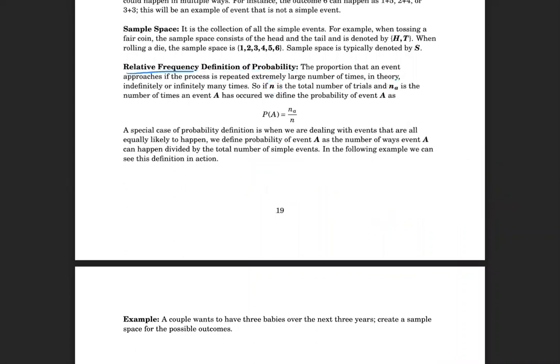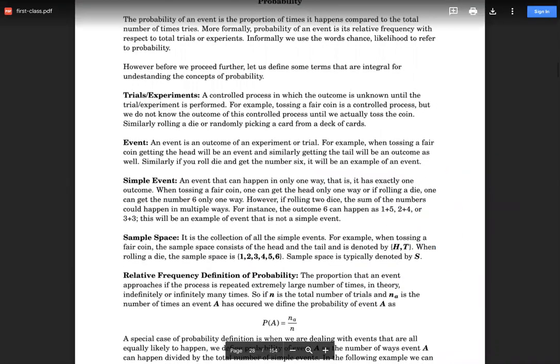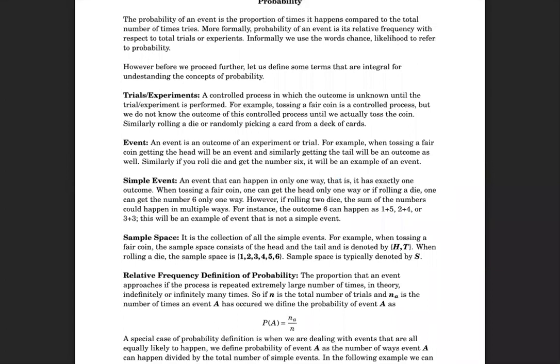Now, when you're studying probability, you have to learn some terms. Trials or experiments, you kind of already know what it is. It's a controlled process in which the outcome is unknown. Okay, we talked about trials or experiments in the case of the COVID-19 vaccine. You can think of it this way.